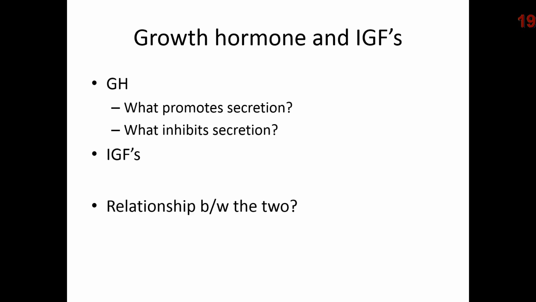Many of the effects of growth hormone are mediated, meaning helped, by insulin-like growth factors, which are your IGFs, and these are produced in the liver. Now, growth hormone cannot directly produce bone growth, okay? So what happens is the growth hormone is secreted and it acts indirectly, causing the liver to produce insulin growth-like factor.